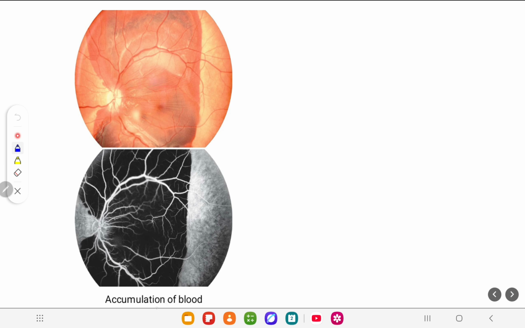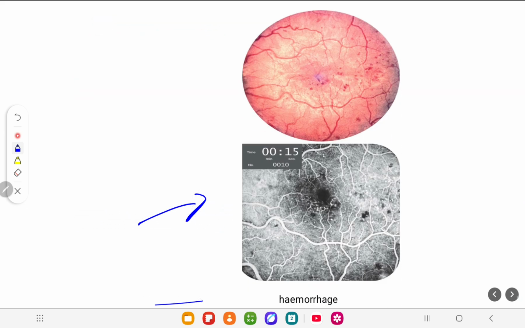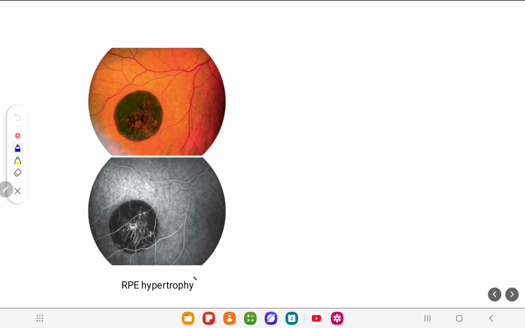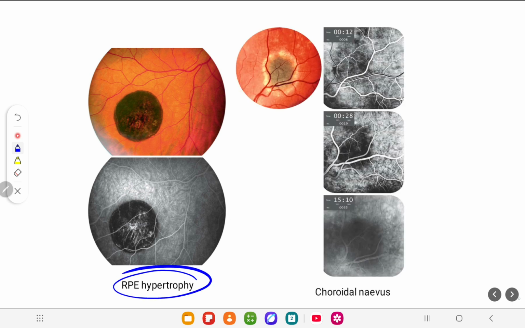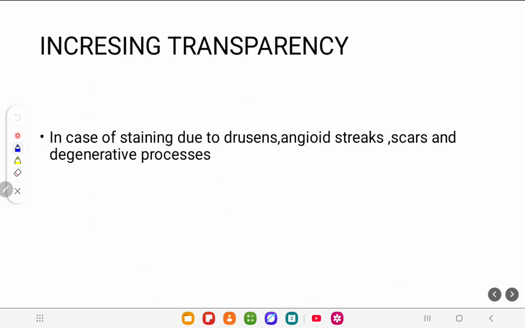Accumulation of blood in the retina blocks the choroidal fluorescence. So hemorrhages will block the fluorescence, RPE hypertrophy will block the fluorescence from the choroid, and a choroidal nevus will also block the fluorescence.